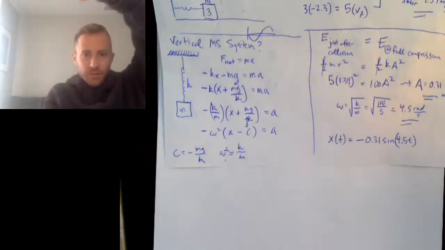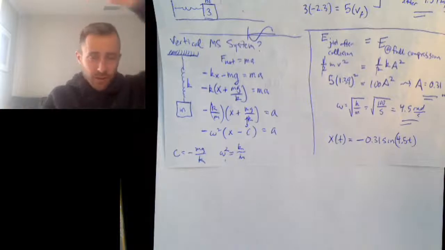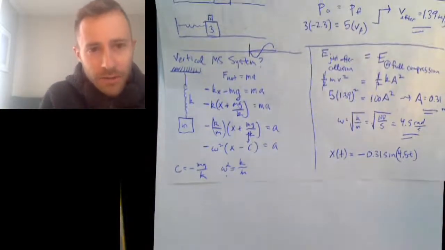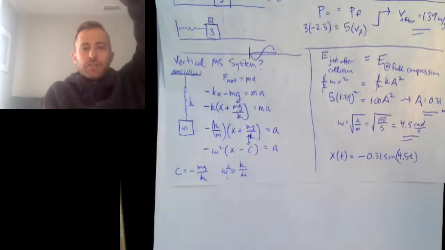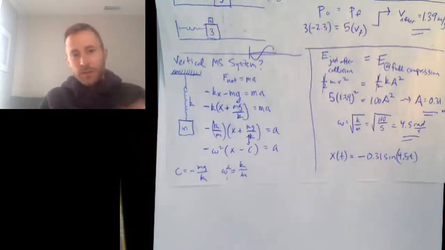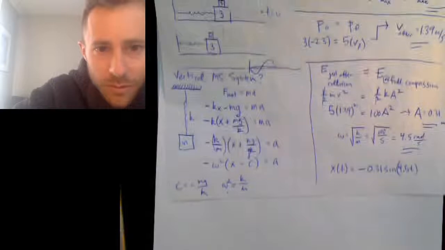The spring is going to be stretched and it's going to sag and oscillate about that position instead. And the more gravity there is, it's not going to change the period of oscillation, but it's going to change how much the mass is sagging below its original position. Okay?